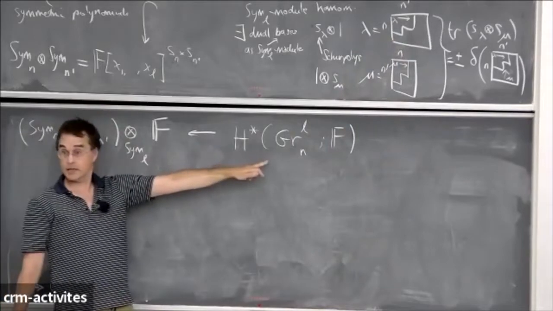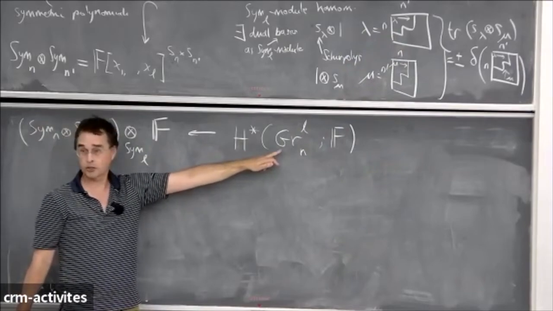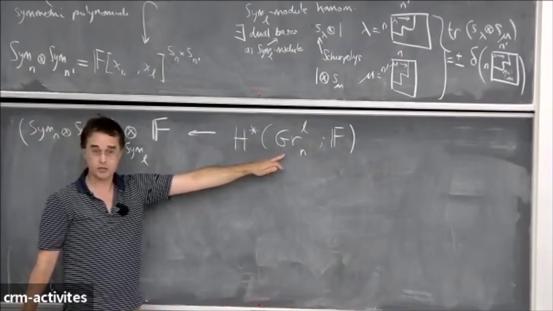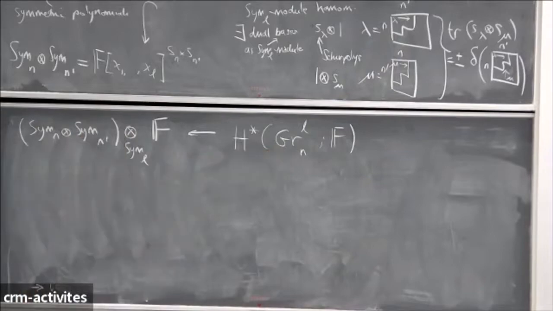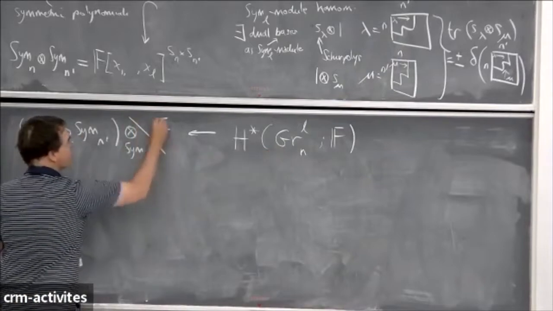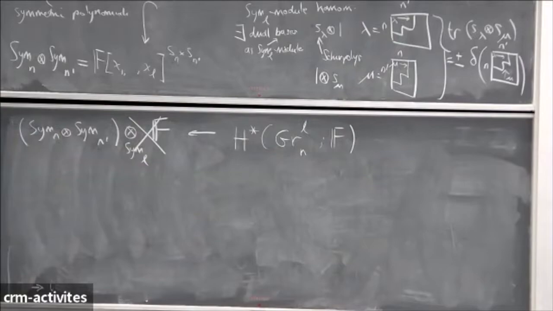And that's clearly explained because this is just the cohomology of the Grassmannian, and the Frobenius structure comes just from Poincaré duality.